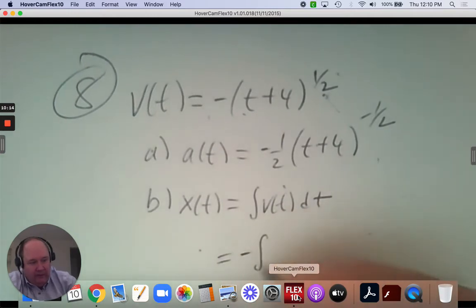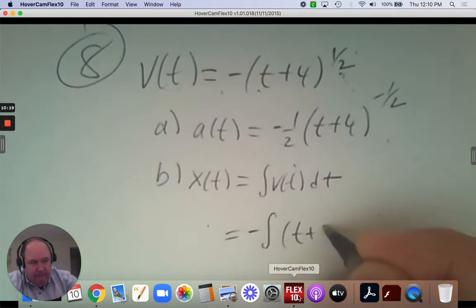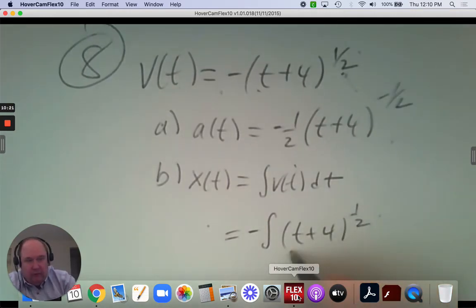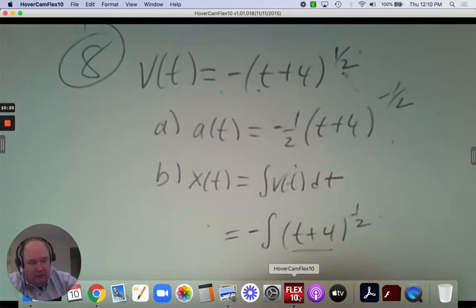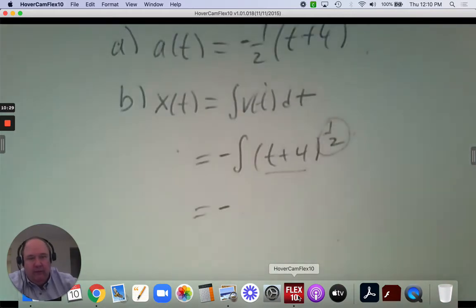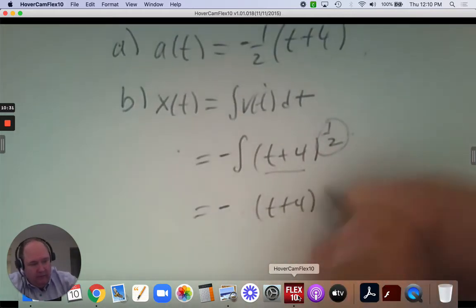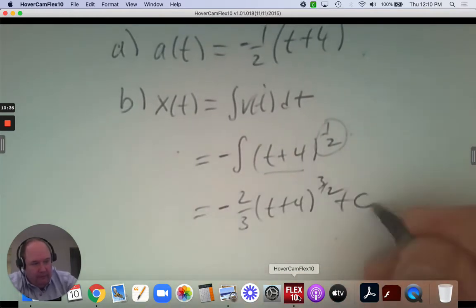We're just going to put the negative in front of the integration sign, which you can. The derivative of the base is 1. So I just need to do the antipower rule with the negative in front. So add 1 to the exponent. And then the reciprocal. And then plus c.